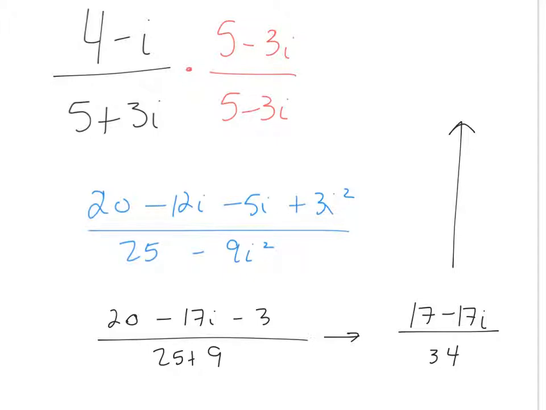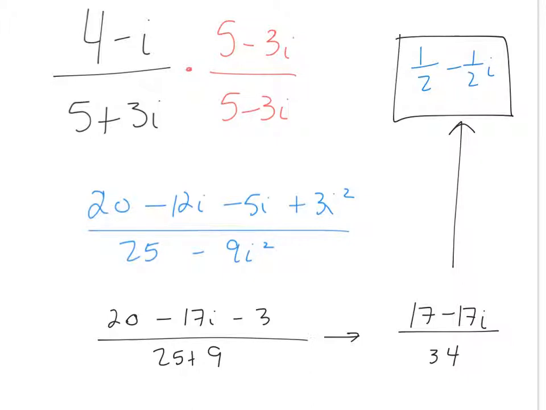What does that reduce to? Let's put it in a plus bi form. So what does it reduce to? 17 over 34. Should be quick math. Come on, Alex. 1/2. Yeah, 1/2. So this is really just 1/2 minus 1/2 i.